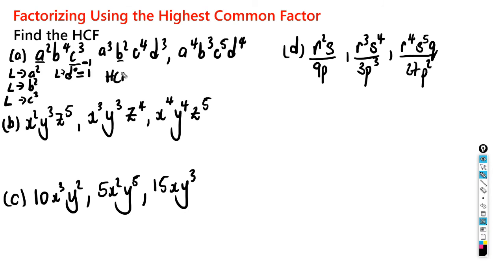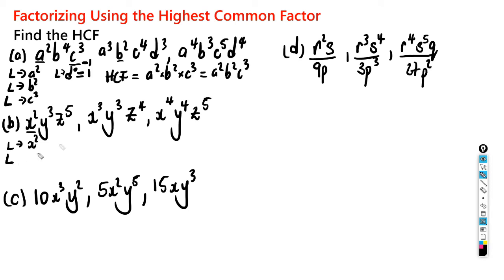So the highest common factor is equal to a squared times b squared times c cubed. And that's the answer. A squared, b squared, c cubed. Nice. All right. So for the next one, of course, we want to find the lowest for the x. In this case, it's x squared.